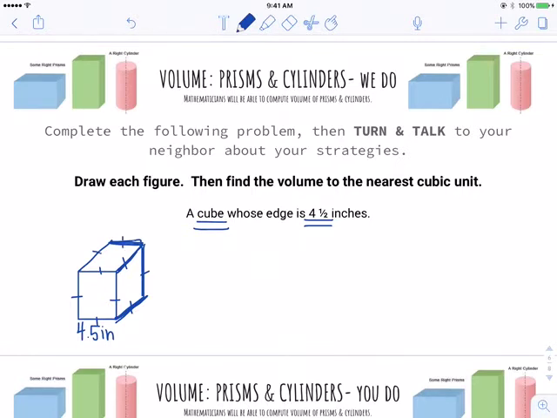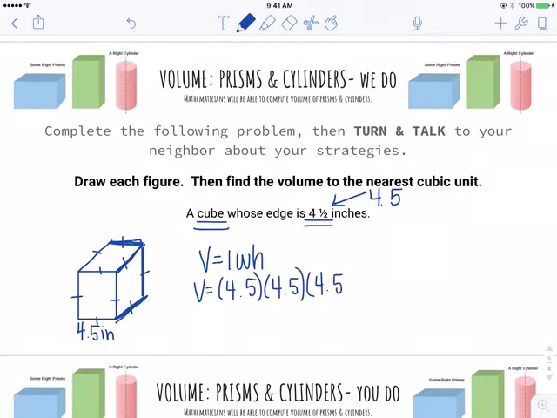Then the next thing you would want to do is show that volume formula. Volume equals length times width times height. And because they're all the same, it's pretty simple. And I know this was given as a fraction, so I automatically changed it to a decimal since I like working with decimals better. So 4.5 times 4.5 times 4.5.